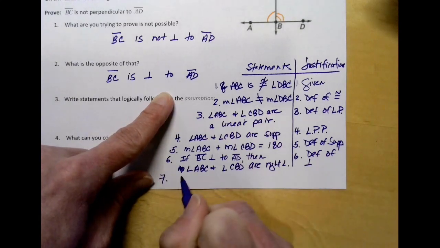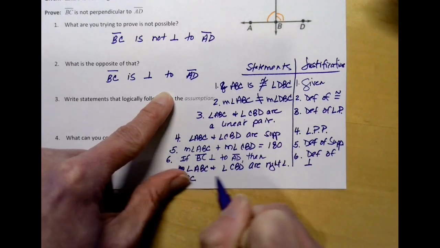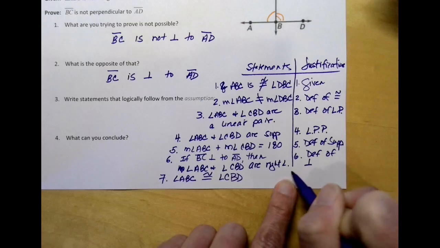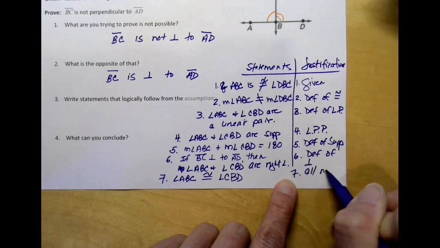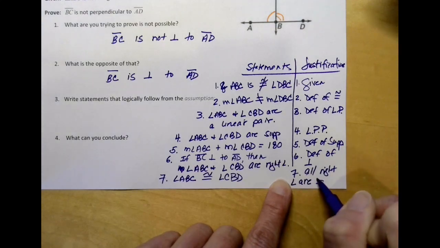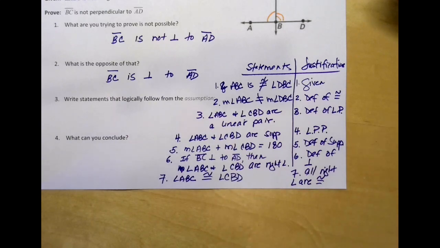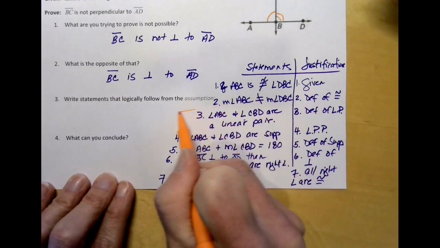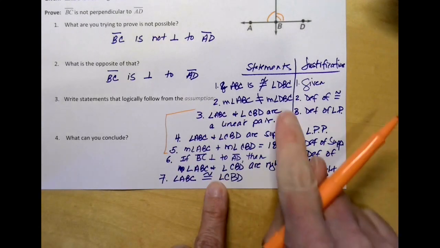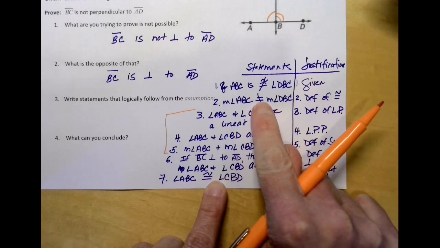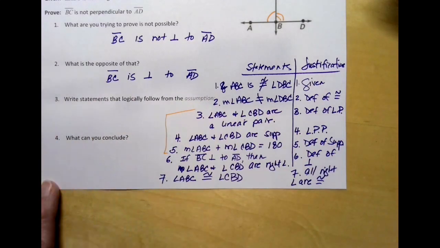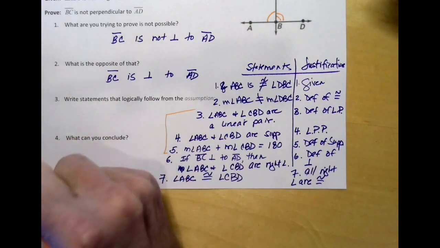So then I would say that angle ABC is going to be congruent to angle CBD, and I know that because all right angles are congruent. And guess what? I'm thinking I might not have even needed this part, because when I have here all right angles are congruent, and here I said that they weren't allowed to be equal to each other, I can conclude that they are not perpendicular.